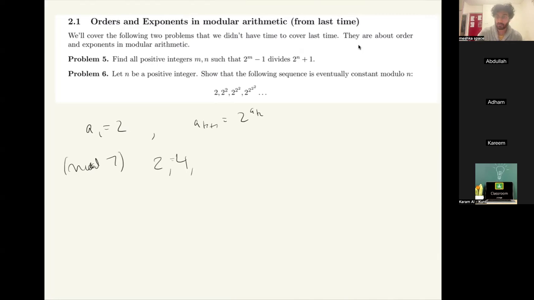If I square it, it becomes 2 squared, and then 2 to the 4th, and then 2 to the 8th, 2 to the 16th. So I'm just doubling the exponent each time, but I don't want to do that. I'm doing something much larger.